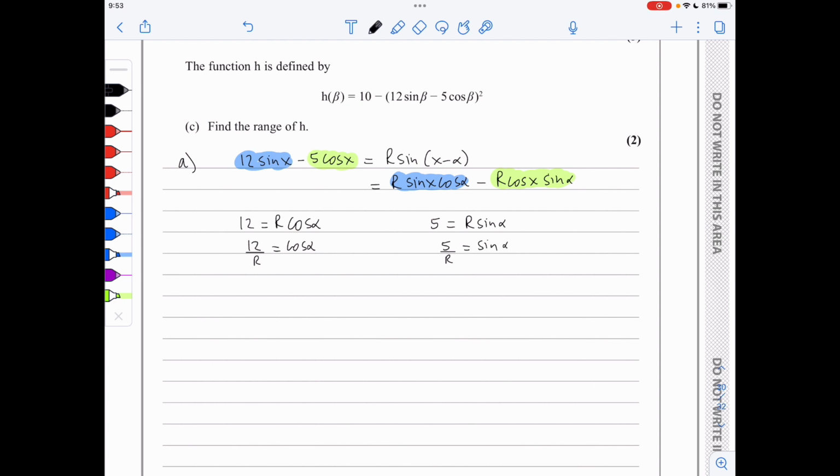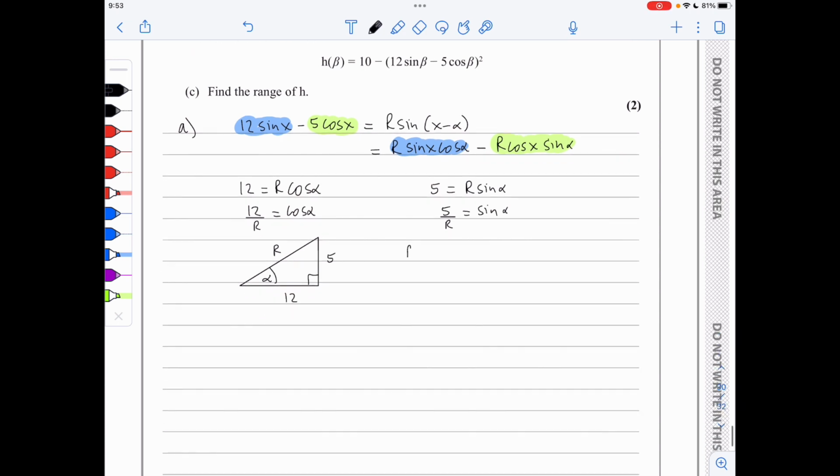I like to draw a triangle here, and we've got α, the cosine is the adjacent over the hypotenuse, and the sine is the opposite over the hypotenuse. So Pythagoras will give us that R is the square root of 5² + 12², which gives an answer of 13.